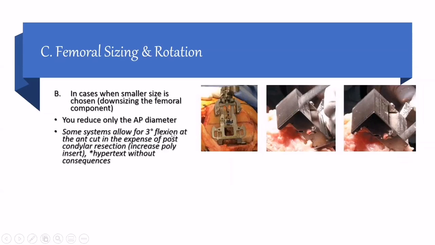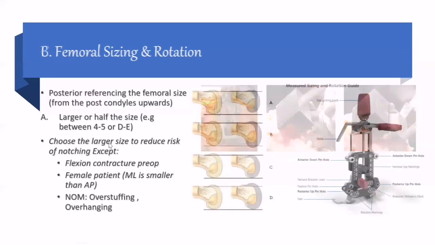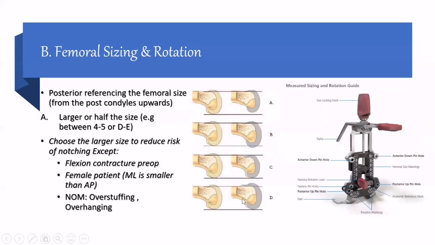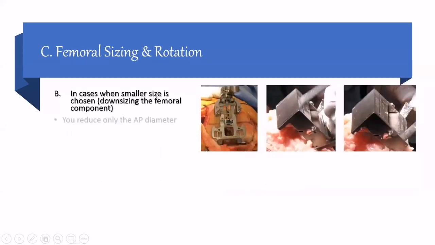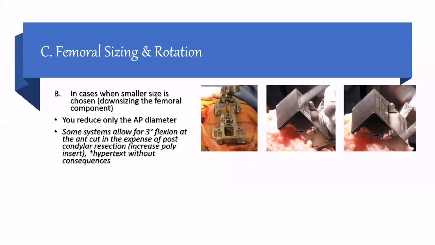So some systems allow for 3 degrees of flexion of the anterior cut, which means if you go back here in this picture, there is a 3 degree anterior cut, the anterior offset. This will allow more condylar resection, which increases the poly insert.